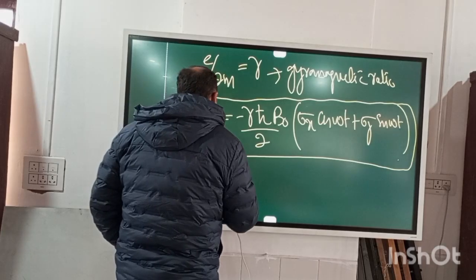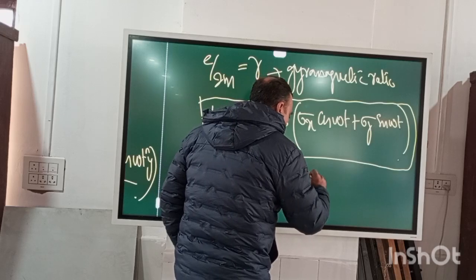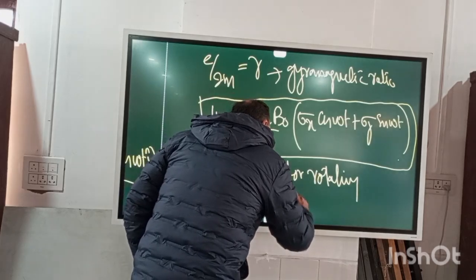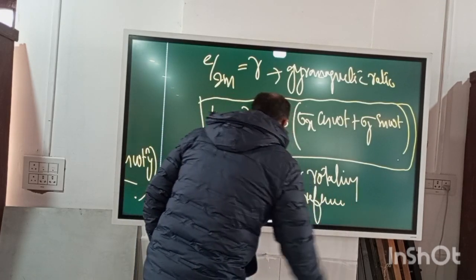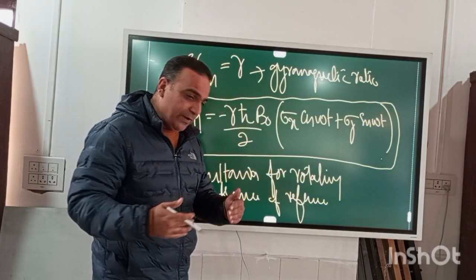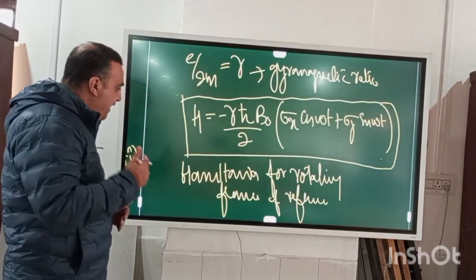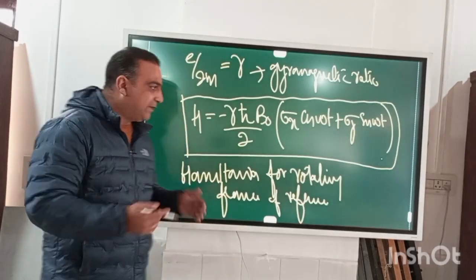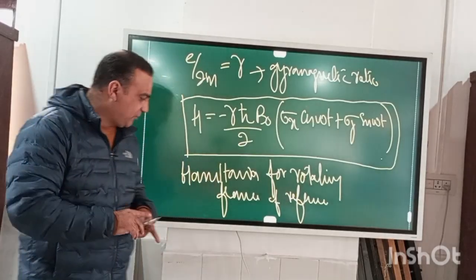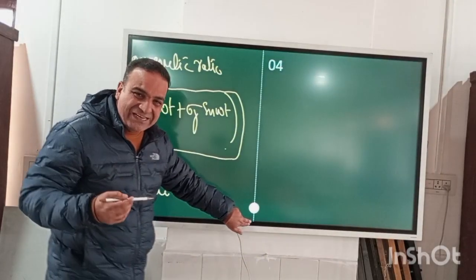So this is my Hamiltonian where you have a spin in a magnetic field in the laboratory frame of reference. But now I'm rotating the frame itself.